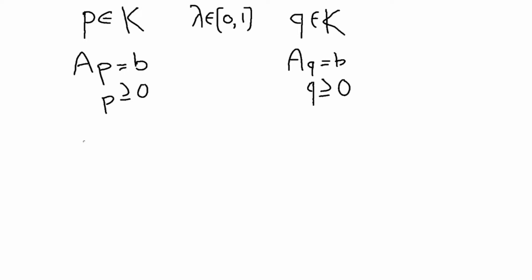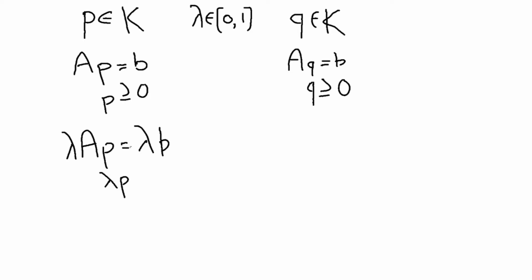So let us multiply this statement that P is in K here by lambda. So on both sides, we get lambda AP is equal to lambda b, and lambda P is greater than or equal to lambda times 0. Now remember, lambda is between 0 and 1.